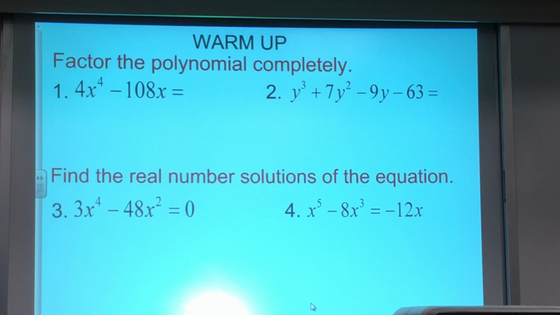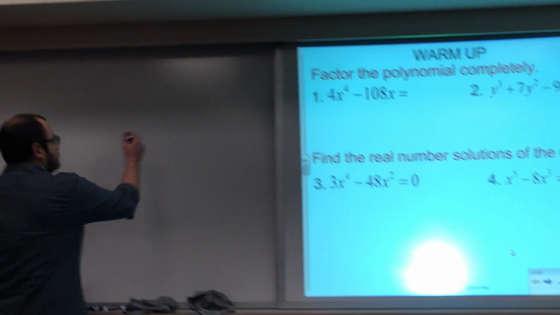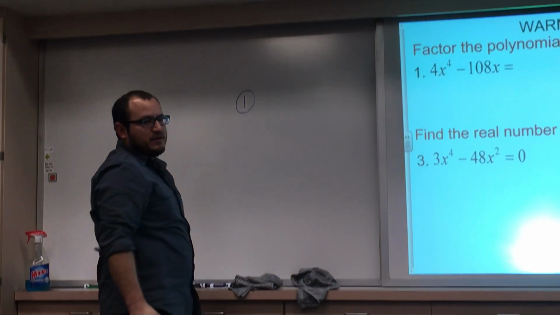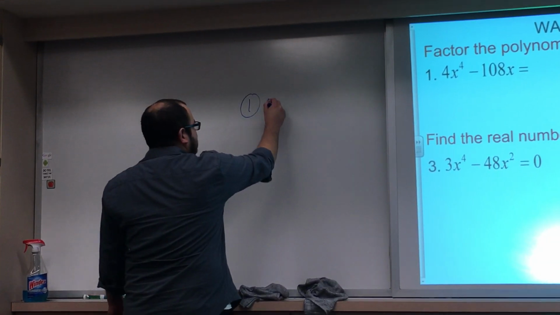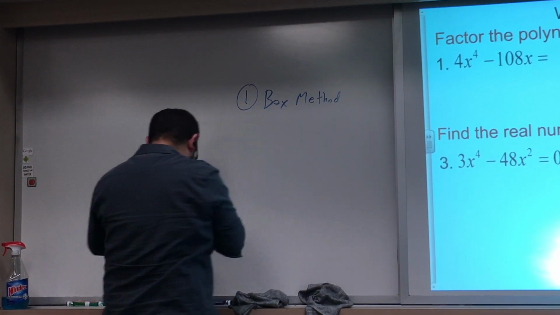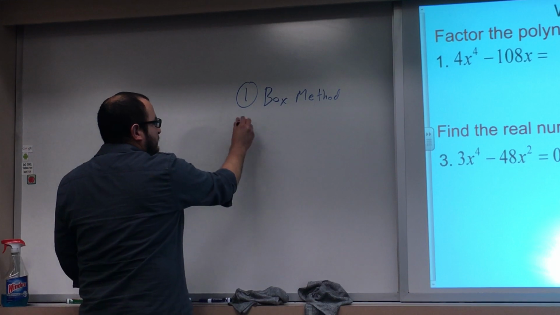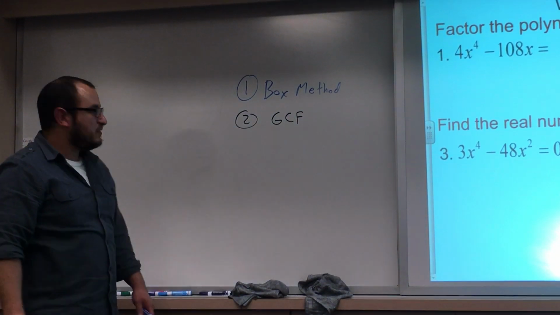The 4 methods we went over. The first one, we're talking about factoring, the one that works like 98% of the time, box method. Second one is GCF, greatest common factor.